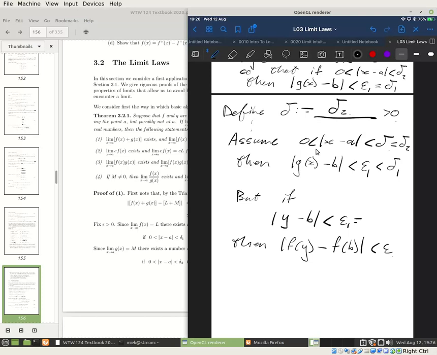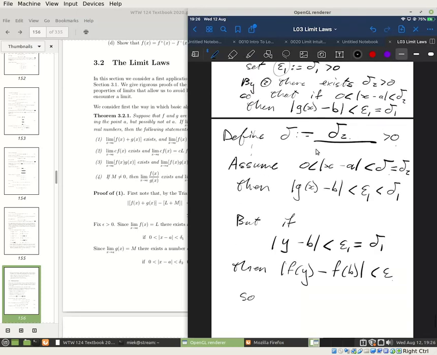And epsilon 1 is the same as delta 1. So what have we got? But we have this. So if |x minus a| is less than delta, |g of x minus b| is less than delta 1.